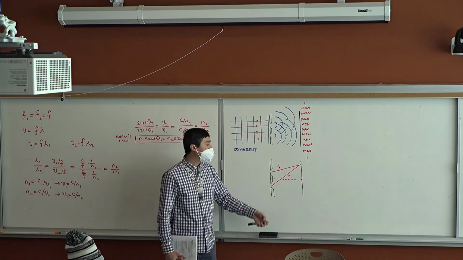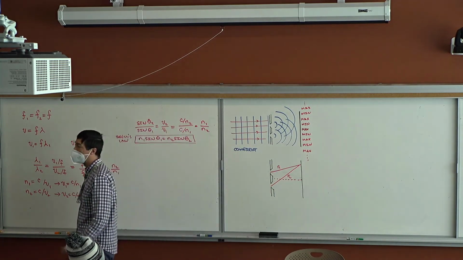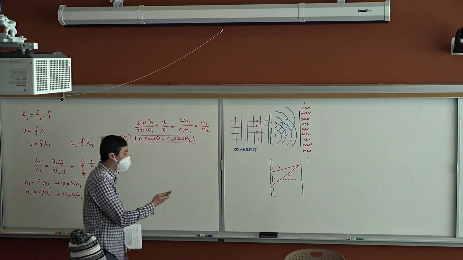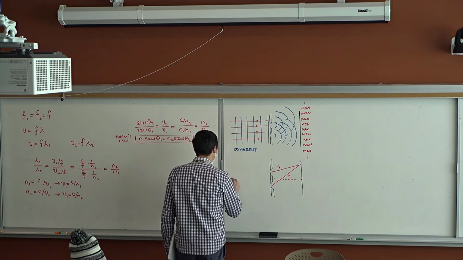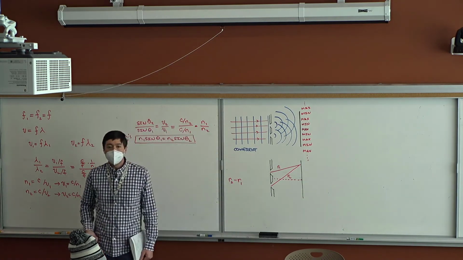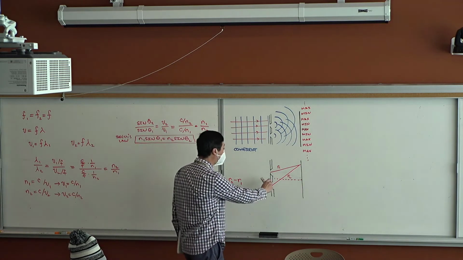Now which one travels farther? Is R1 greater or R2? R2 is, right? So R2 minus R1 is the extra distance.